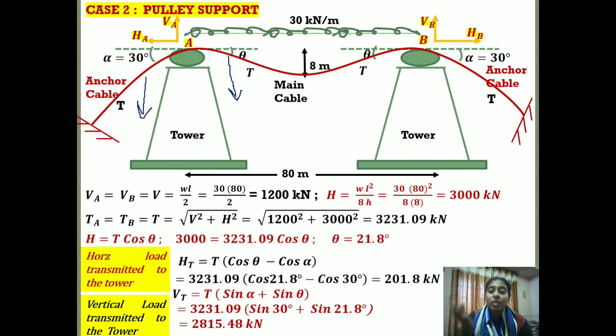Both are downwards, so the total vertical load acting on the tower will be T sin theta plus T sin alpha. T is the same. So we get VT, the vertical load transmitted to the tower, as 2815.48 kilonewton.